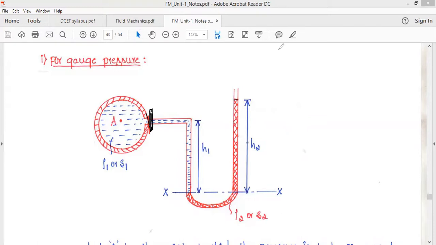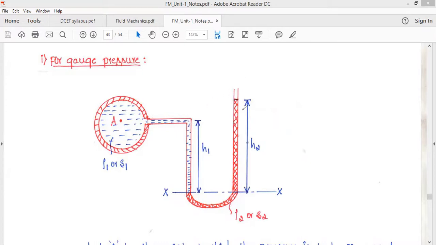As soon as we connect this U-tube to the point where we need to measure the pressure, if the pressure at this point A is higher than the atmospheric pressure, then in the left limb this liquid is going to push the mercury downwards. In turn, the mercury level rises in the right limb.